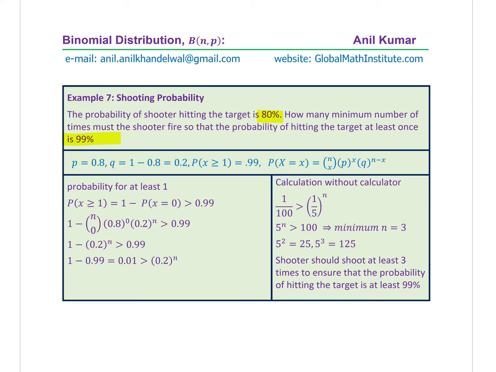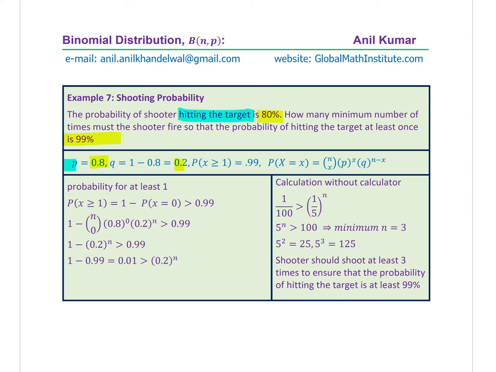That means we're talking about success or failure. Success here means what? Hitting the target. So the key word for success is hitting the target. So that becomes our success, and the probability given to us is 0.8. Not hitting the target will be 1 minus 0.8, correct? Now what are we interested in?